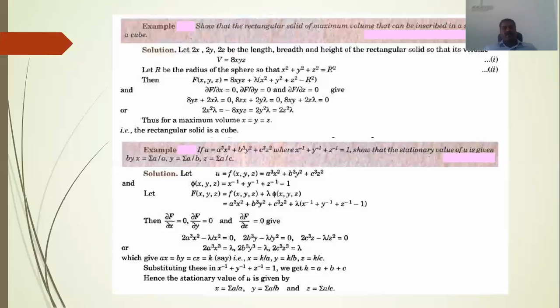Then x = k/a, y = k/b, z = k/c. Substituting these in the constraint 1/x + 1/y + 1/z = 1, we get k = a + b + c. Hence, the stationary value of u is given by x = Σa/a, y = Σa/b, and z = Σa/c. Sigma a, I mean a plus b plus c.